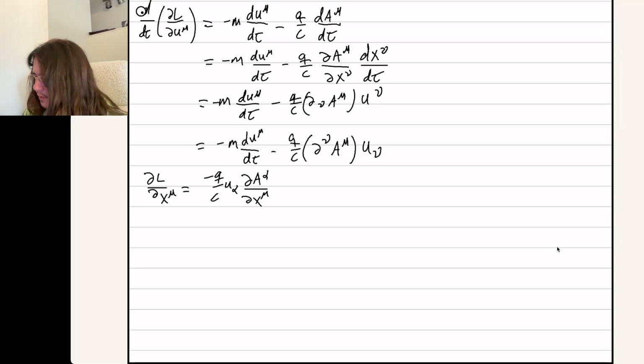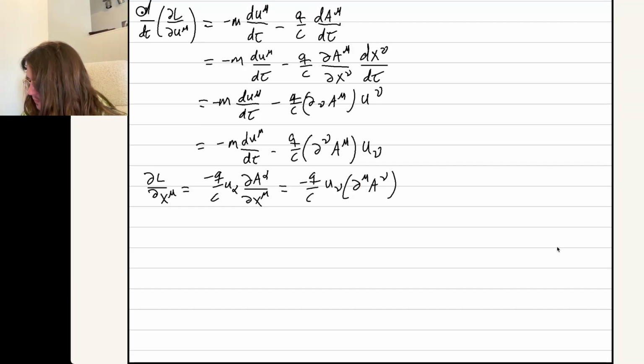And since we're summing over alphas anyway, I'm just going to change the alphas to nus to be notationally consistent. It's going to be ∂_μ A_ν.